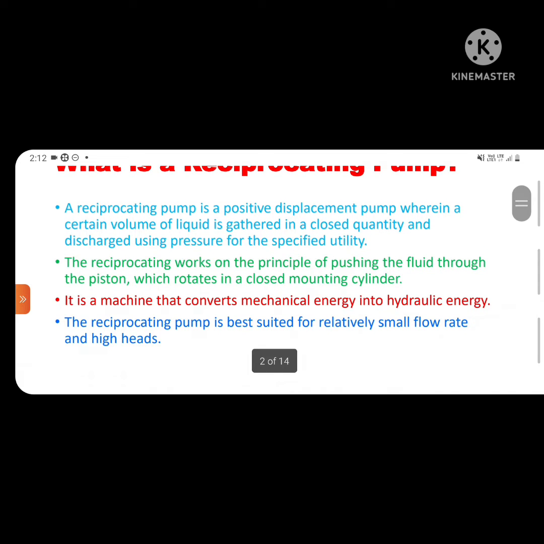Reciprocating pump works on the principle of pushing the fluid through the piston which moves in a closed mounting cylinder.